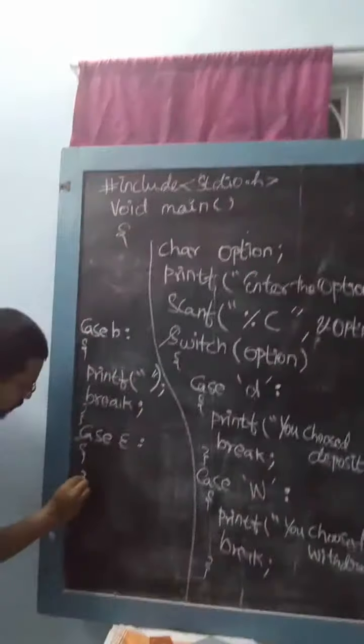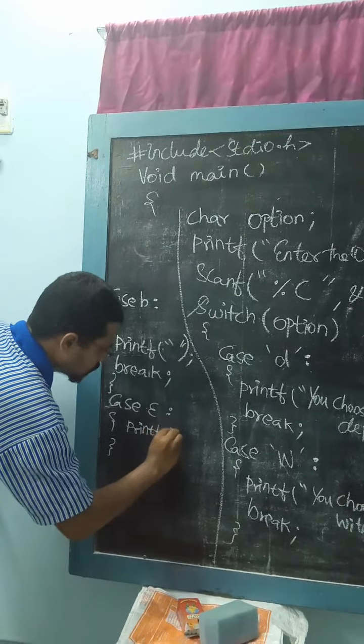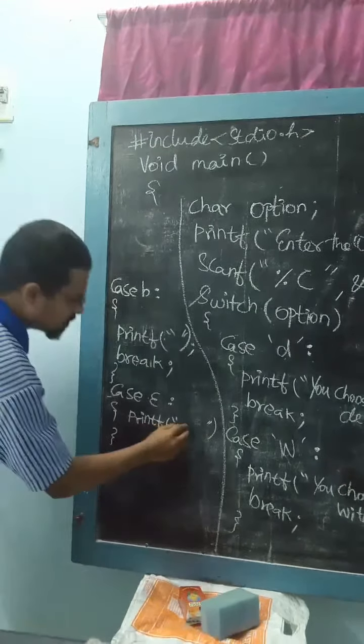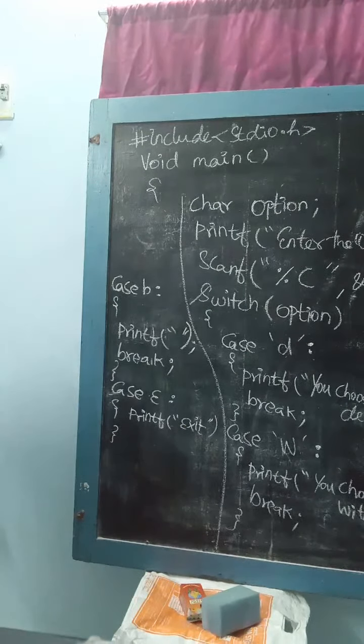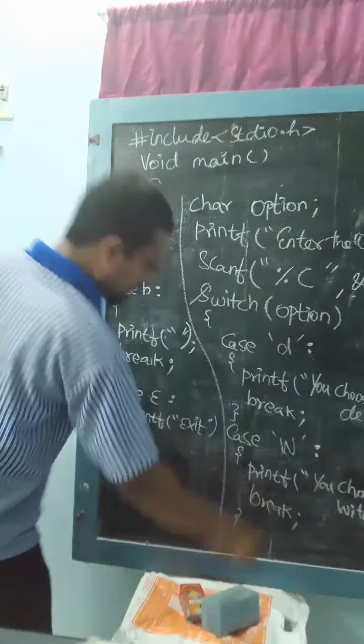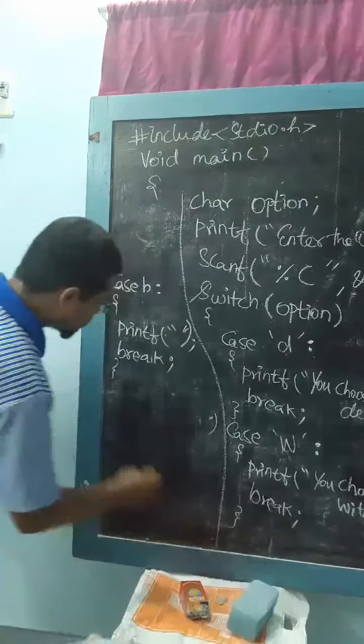So case E, that is printf, you just write printf, that is you choose the exit. If there is no other option, you can choose it by default, there is no option here, you just use exit.